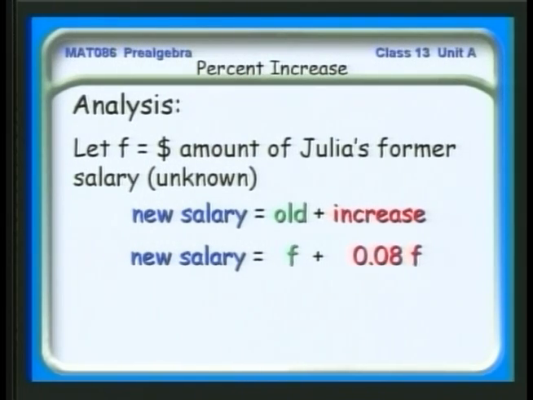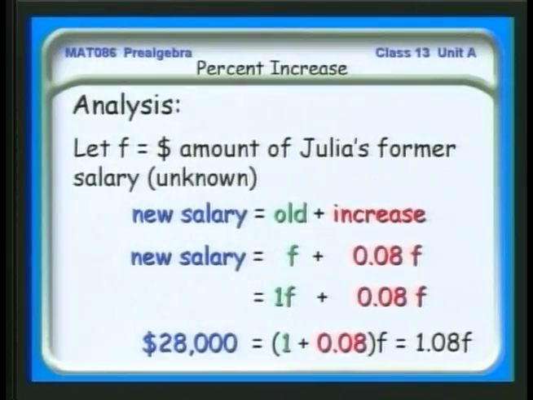Then we know that the increase is the percentage increase times the old salary. 8% expressed as a decimal is 0.08. So her new salary is F, her old one, plus 0.08F. I notice here that I can say it's 1F. Remember, F is equivalent to 1F. And I see I have F in both of those terms. That means that I can factor the F out.